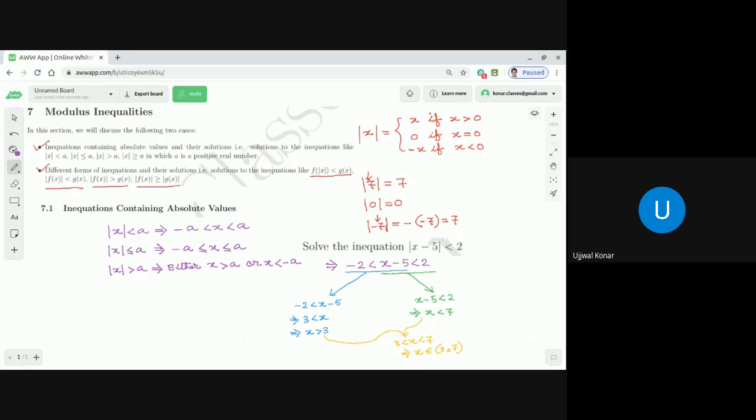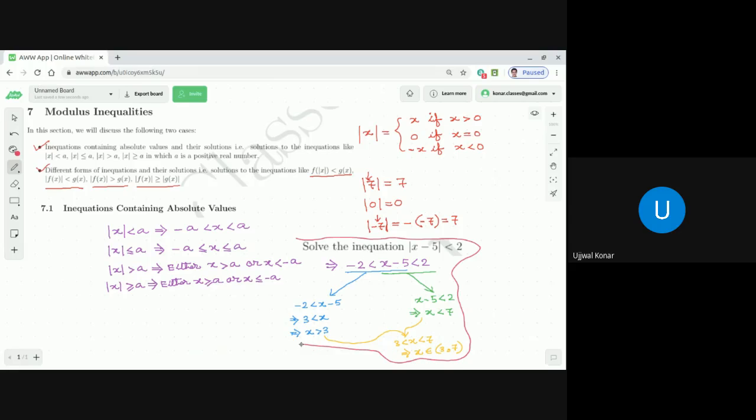Similarly, if we get mod of x is greater than equal to a, this implies either x is greater than equal to a or x is less than equal to minus a. Correct, no, students?